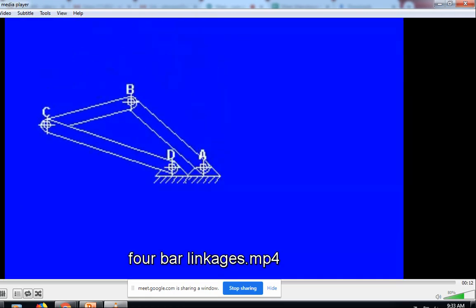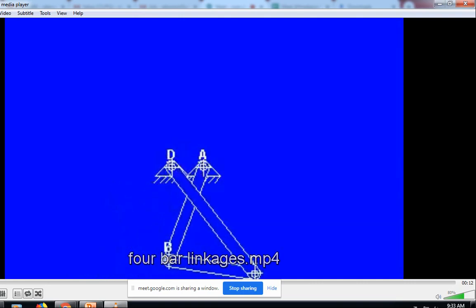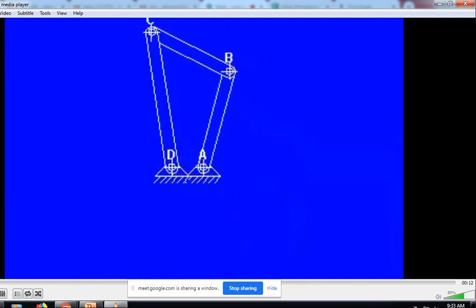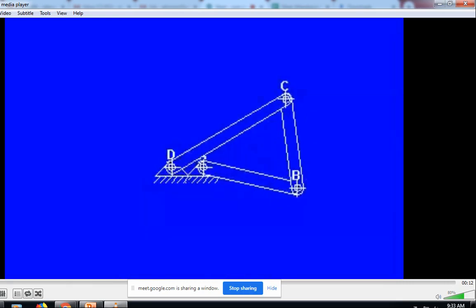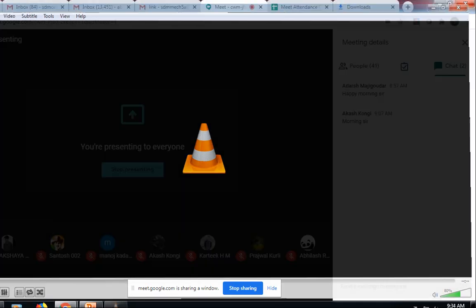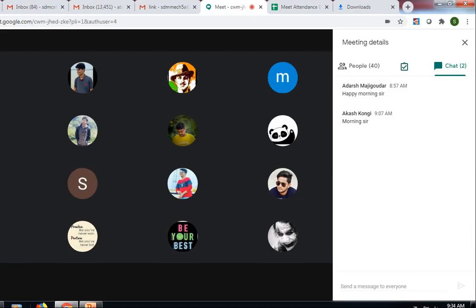So the same four-bar mechanism is used, but for different applications. In the earlier case only one link rotates and the other only oscillates, but here both can move in the entire rotation. So for different applications you can use this. Next we'll see one more.